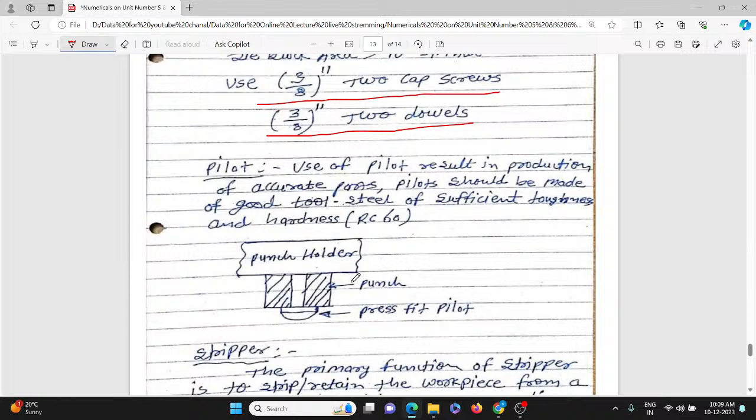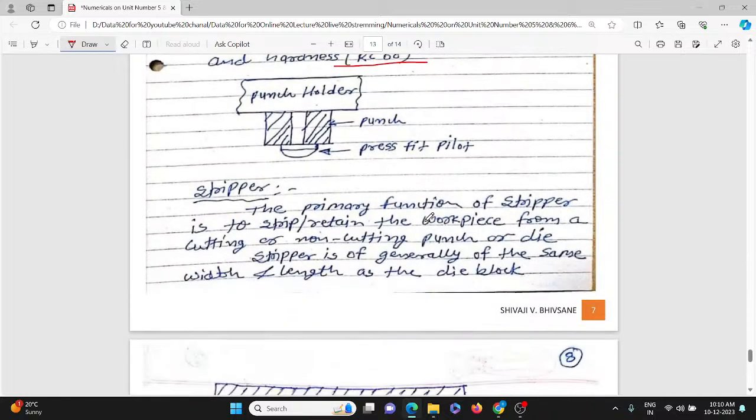Use of a pilot results in production of accurate parts. The pilot should be made of good tool steel of sufficient toughness and hardness, that is Rockwell hardness of 60.